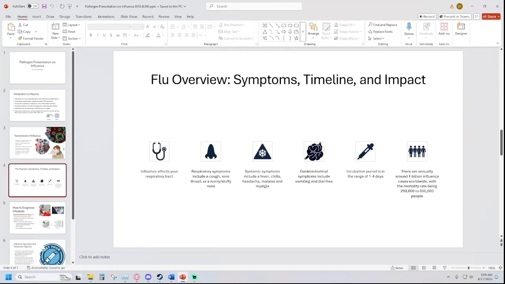There are around 1 billion cases of influenza worldwide annually, with 3 to 5 million of those cases being severe. It causes anywhere from 290,000 to 650,000 respiratory deaths worldwide annually.